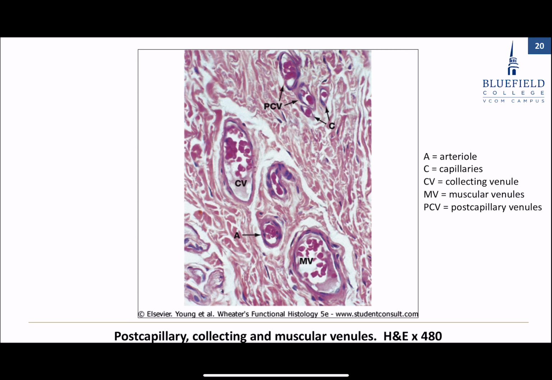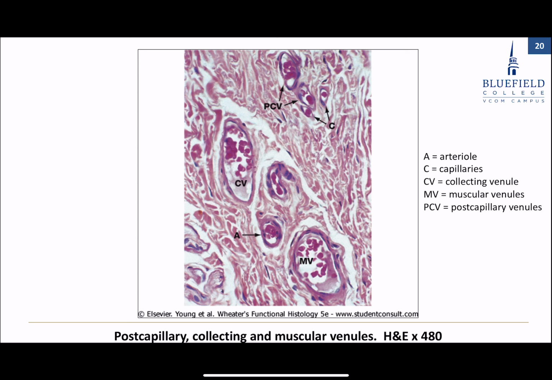Now, I'm not going to put an image up and say, identify the type of venule here. In all reality, the only way we could look at this and say postcapillary venule, collecting venule, muscular venule is the size of these, where you see them all right next to each other. If I just had one there by itself, where you can't compare them, you have no way of doing that. And so I'm simply going to expect you to label any of these as a venule, okay?